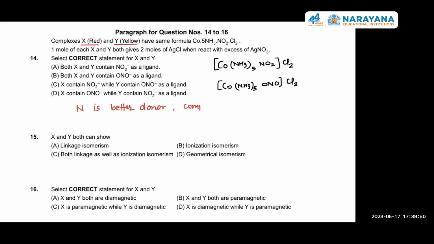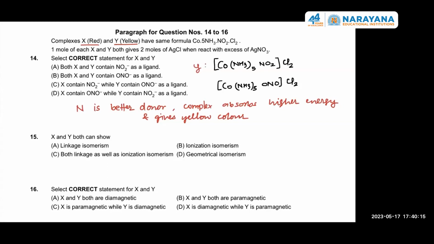The complex absorbs higher energy and gives yellow color. So the complex which is yellow is Y, in which the donor is nitrogen.